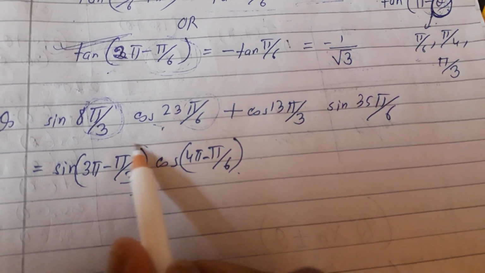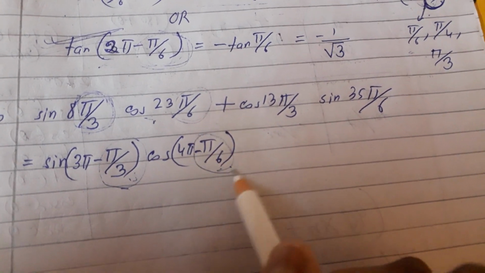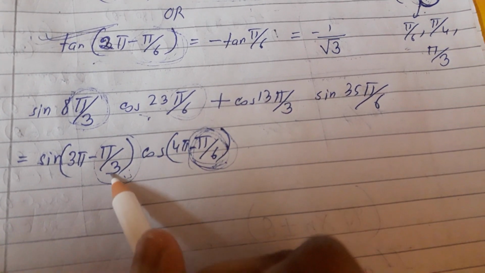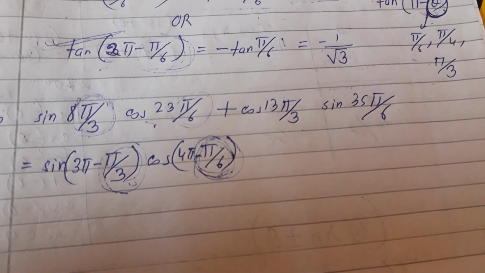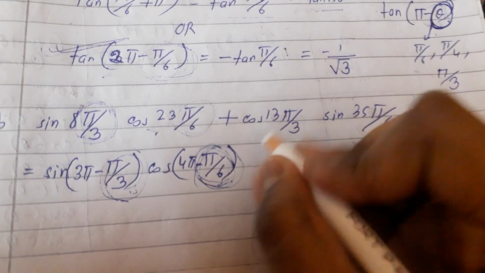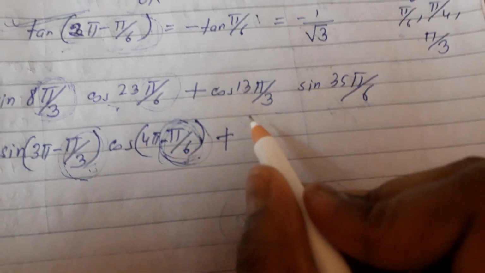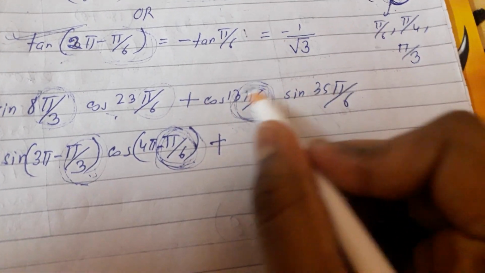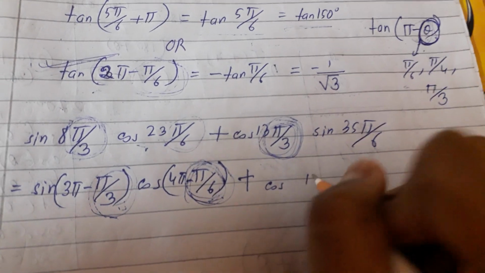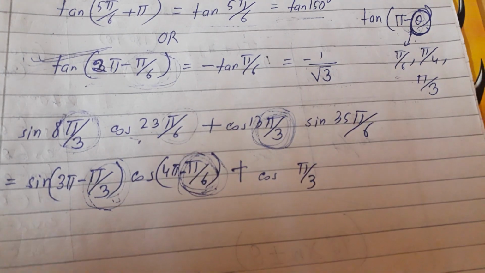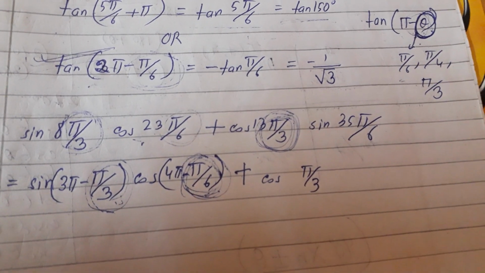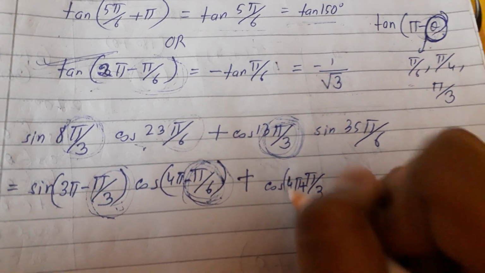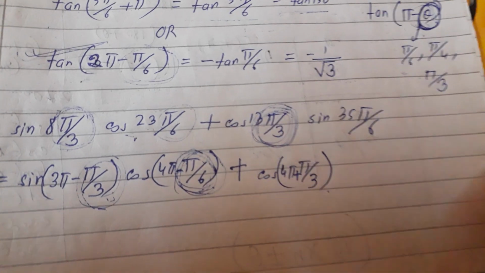Okay, see that this theta part always will be the common angle, 30 degree, 60 degree, or pi by 4, 45 degree. Okay, you have to write in this way. See, cos 13 pi by 3, you have to write pi by 3 in the place of theta. So cos pi by 3, then you have to think, okay, then you will get easily. This will be 4 pi plus pi by 3, then we will get 13 pi by 3.